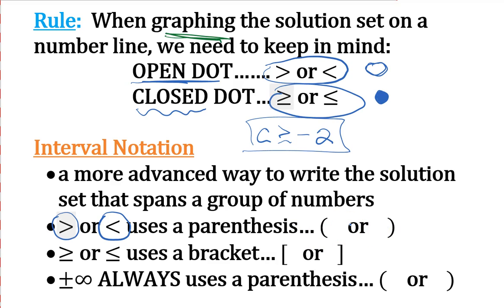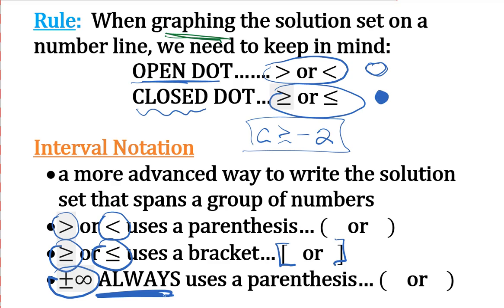I'll illustrate what's going to happen in the answer in the next problem. Greater than or equal to or less than or equal to is going to be a bracket situation. And you need to keep in mind that if we have positive or negative infinities, we are always going to use parentheses on those. The reason we don't bracket it off is that infinity, or negative infinity, doesn't have an actual end. We can't put a value to it. So that's why the parentheses are used as opposed to the brackets.